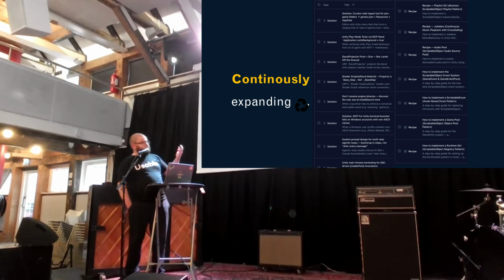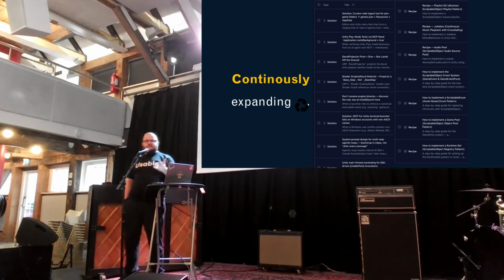As well as the solutions is, I ran into this issue, we got it fixed, can you please document how you solved it? So that when it happens again in a different game or during this development cycle, he'll remember it and be able to just tell you, oh, it's probably X, Y, Z, because you already told me beforehand.